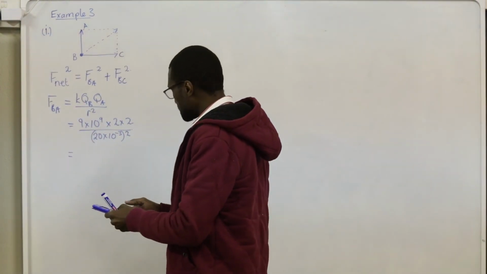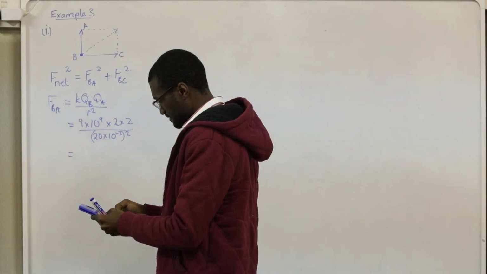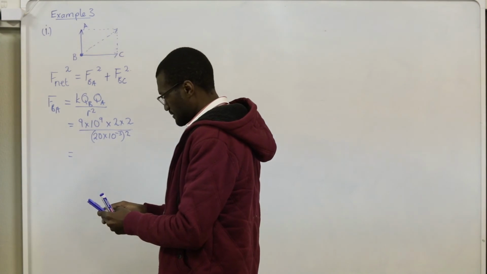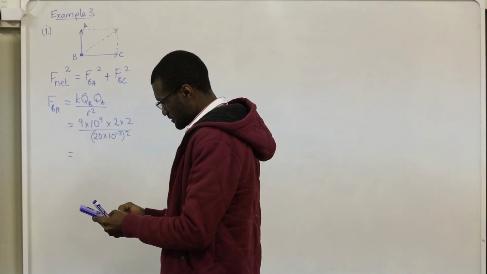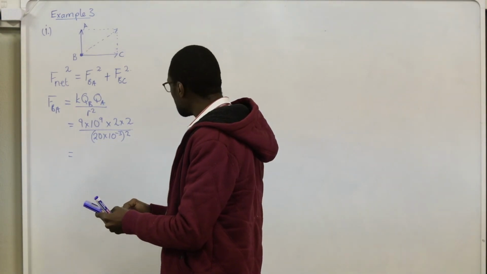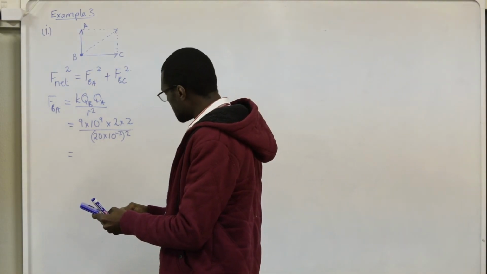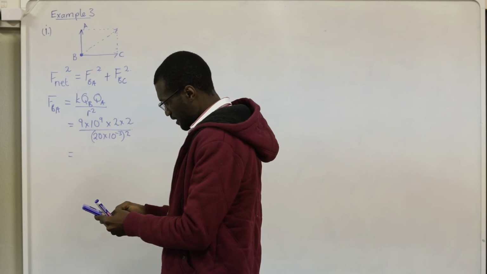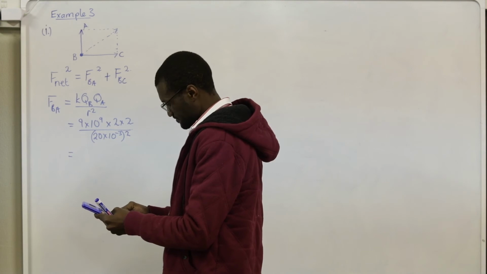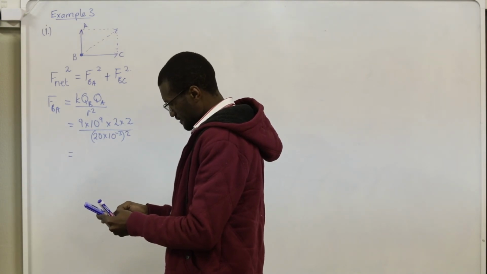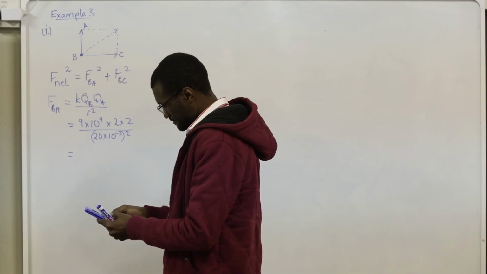Okay, my calculation, something went wrong. 9 times 10 to the power of 9, multiplied by 2, multiplied by 2, divided by 20 times 10 to the power of -3, all raised to the power of 2.